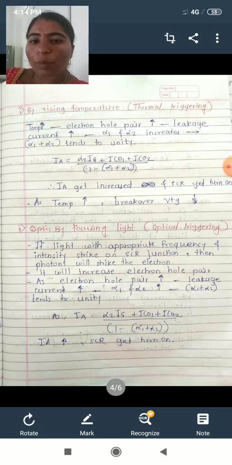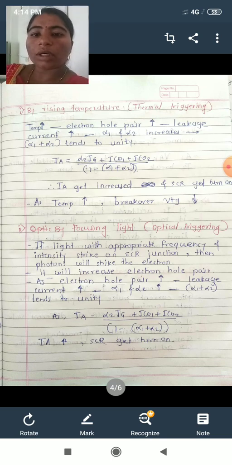As electron hole pairs increase, the leakage current flowing through the SCR also increases. As leakage current increases, the current gains alpha 1 and alpha 2 also increase. As alpha 1 plus alpha 2 increases, it tends to unity.